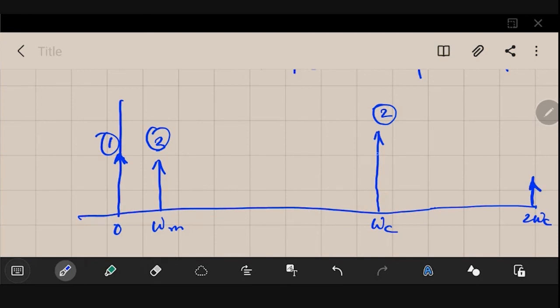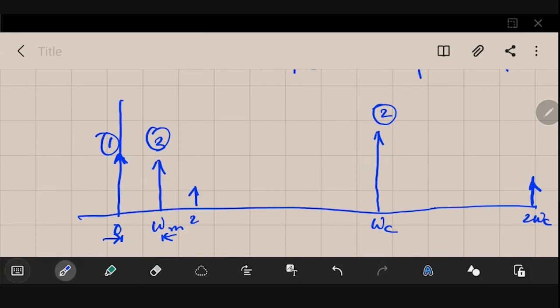Okay, and then there is another term in that group number 4, that was half C A_M square cos 2 omega_M t. So since this much is omega M, 2 omega M will be somewhere here. Its strength will also be very small because it is just a harmonic.